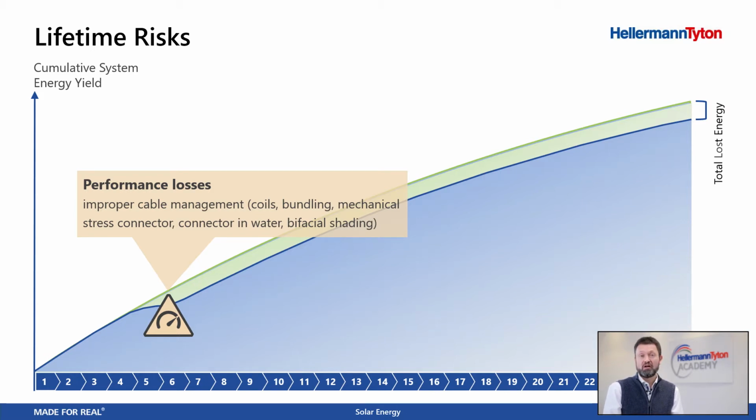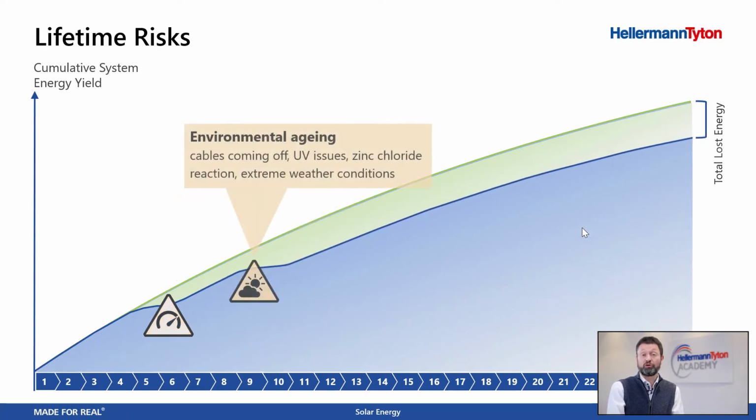You could have some bundling issues in terms of coils, also adding to loss of energy. So this has not been planned for, and in the top right corner you can see a little bit of lost energy due to this occurrence.